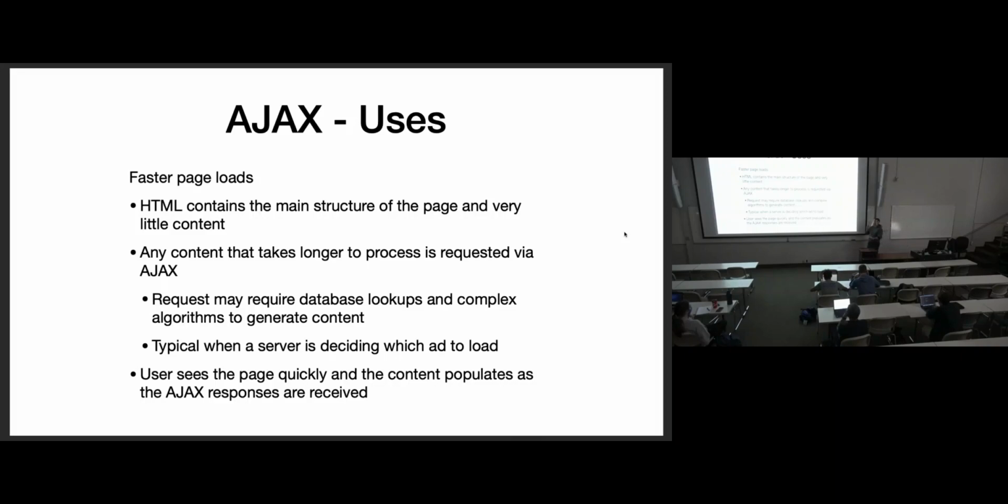Site loads, then the content comes. So you get faster page loads. Faster page loads are very important on the web. If a page takes like a second to load, and it's a site they don't have to visit, they're probably like, I regret clicking that link. Let me go to the next result on my Google search. I know I do that. So this is one big use for Ajax.